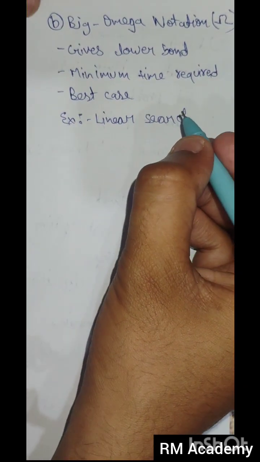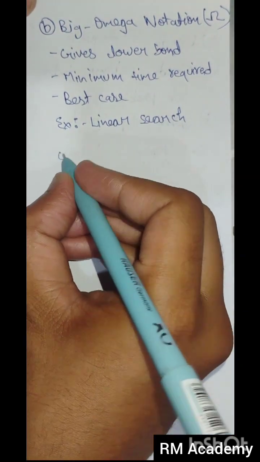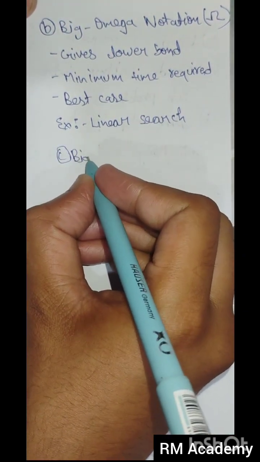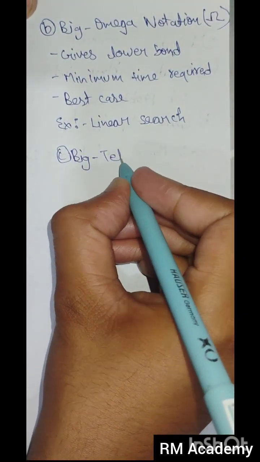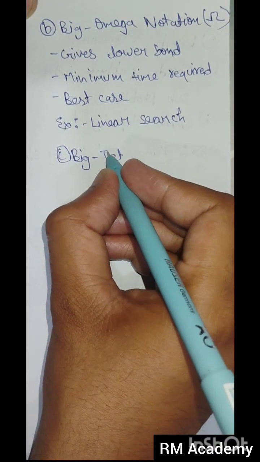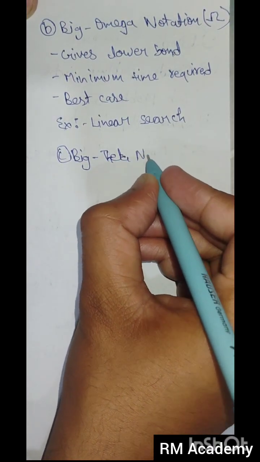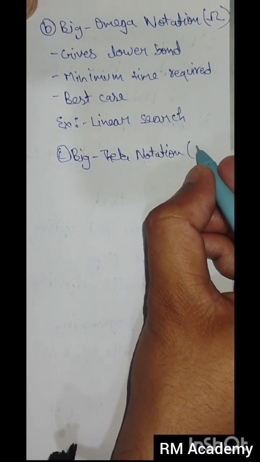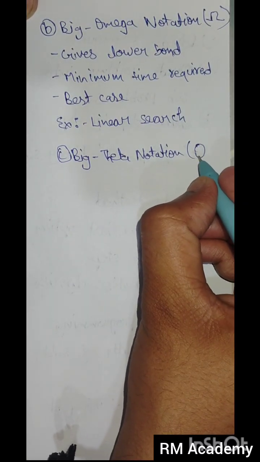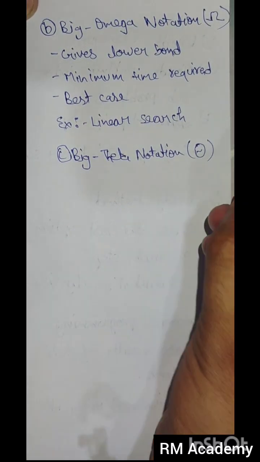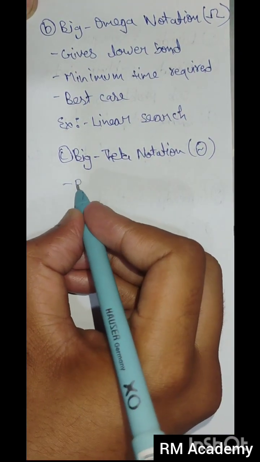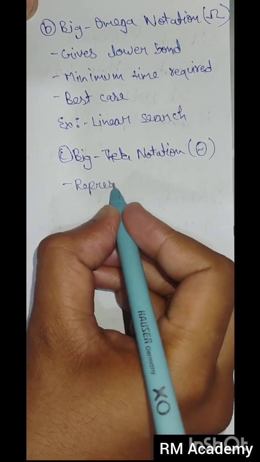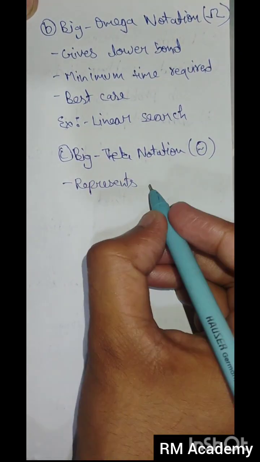Now our next type of notation is theta notation. We can denote it as O with an inner omega. It represents a tight bound.